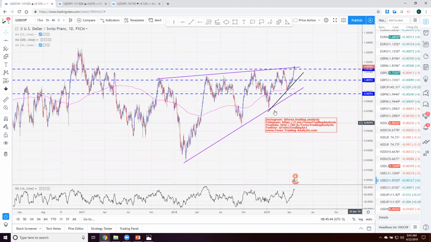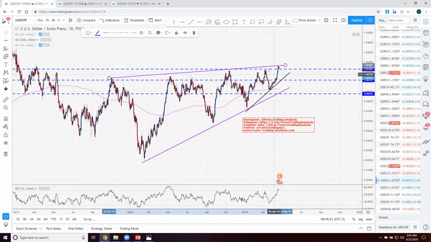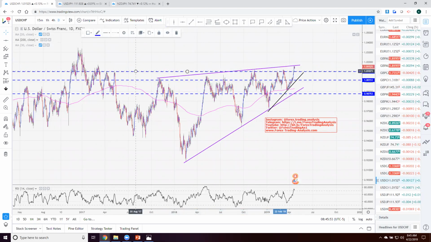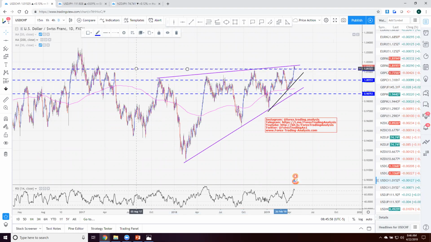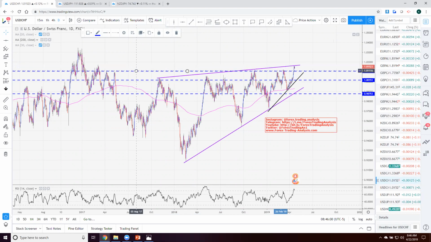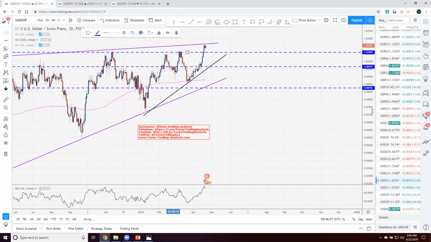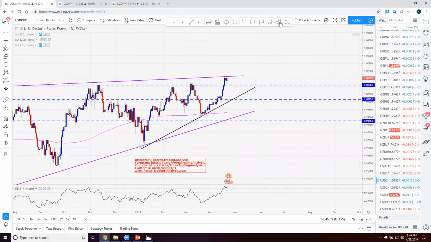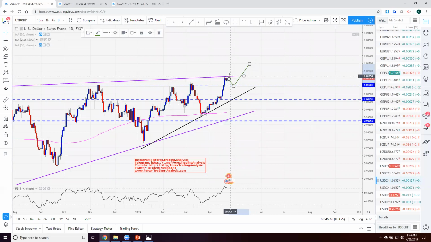Swiss, at a key area. Kind of went above a resistance area, but we are at a trend line resistance. So we could see that, or a move higher from here.